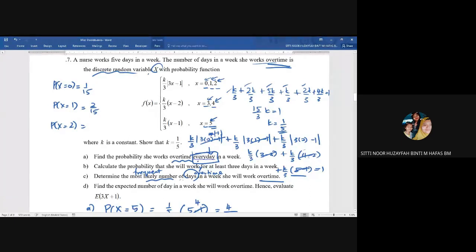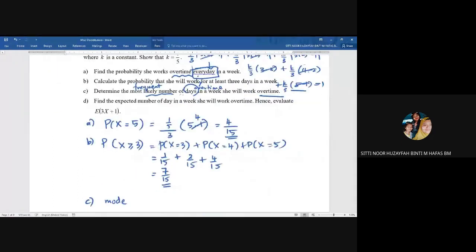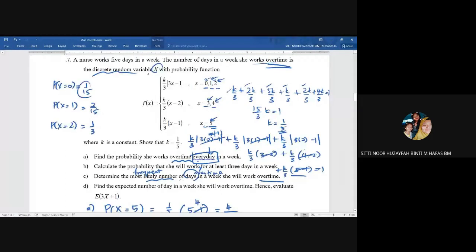Right? 6, 3, 2 is 6. 6 minus 1 is 5. 5 over 3 multiplied by 1 over 5 will be 1 over 3. So, from all of these, x equal to 0, x equal to 1, x equal to 2, and then x equal to 3, x equal to 4, x equal to 5. Okay, which one is the highest?